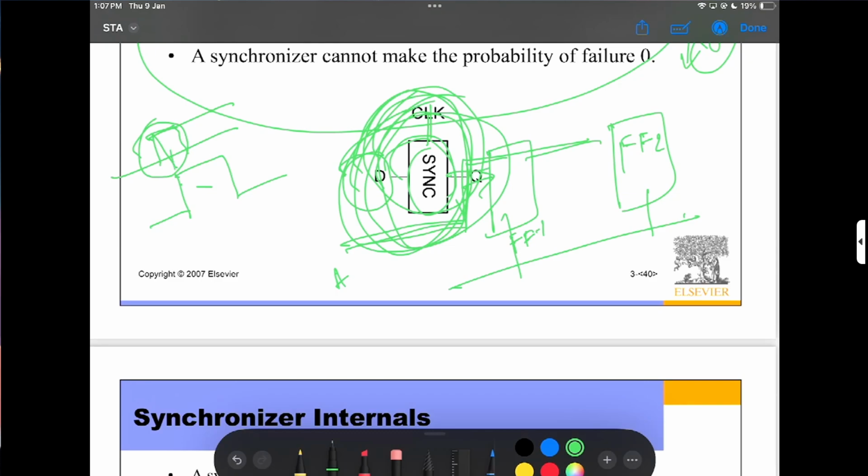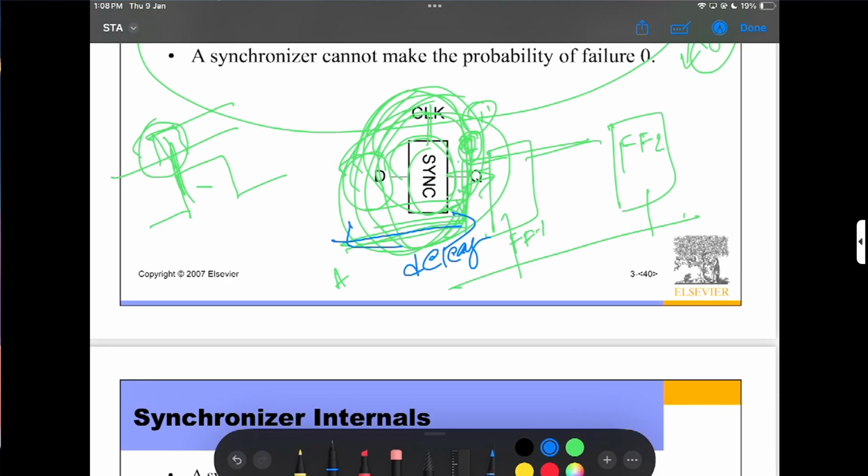But if it does go to metastability, this circuit will resolve the problem. Suppose somehow it already holds 0 or 1. Some delay will occur from here to here.